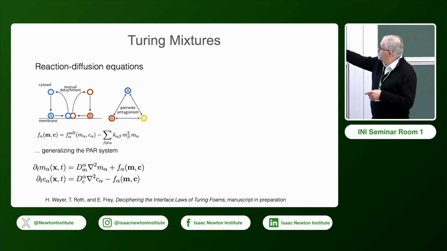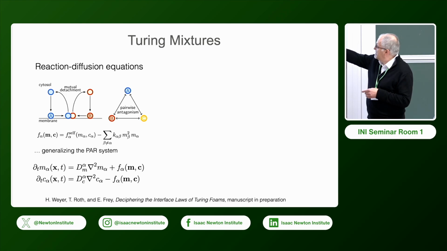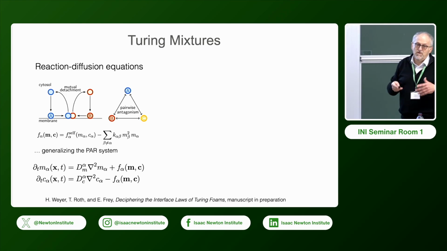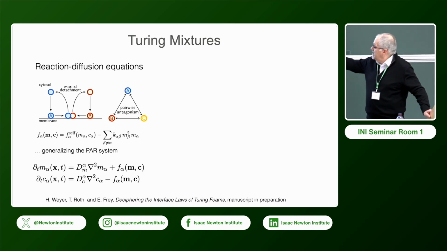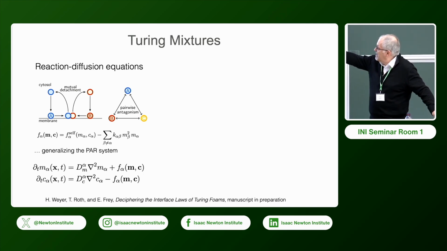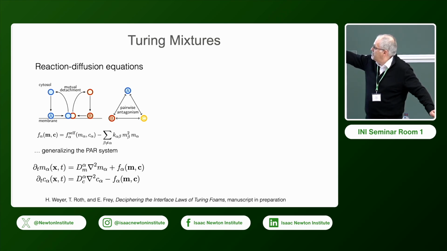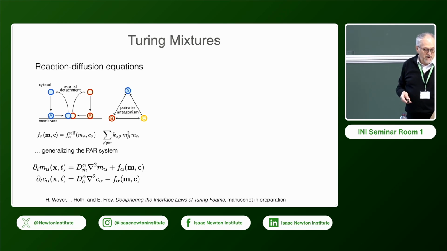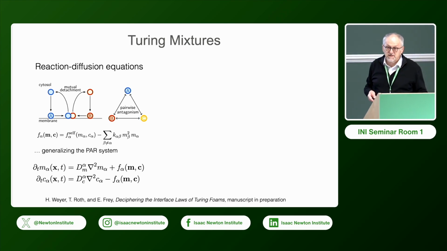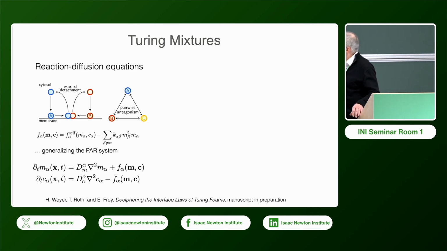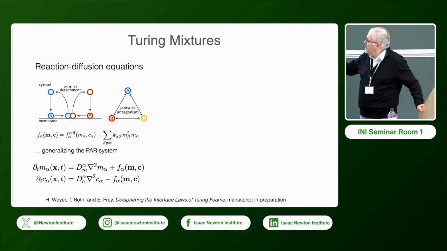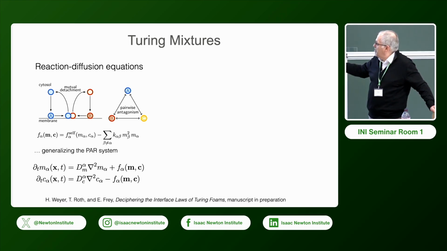So instead of just mutual detachment of two particle types A and B, you consider a set of particle types, A, B, C, or even more, and you make them interact such that there are some self-reactions, meaning attachment and detachment, and there's mutual antagonism between the proteins, here encoded by this arbitrary choice of reaction terms between the components A, B, and C. Then you write down the equations for the components in terms of this here.